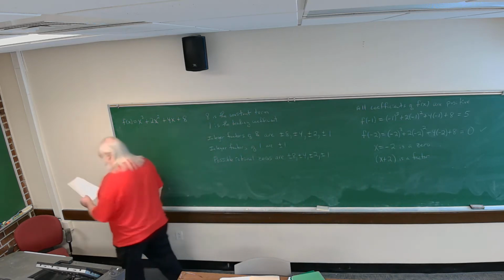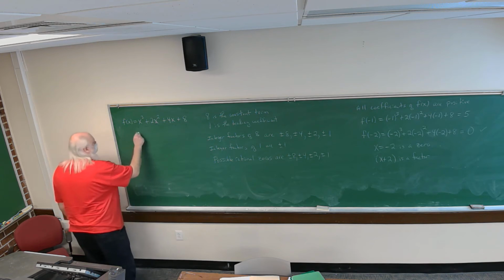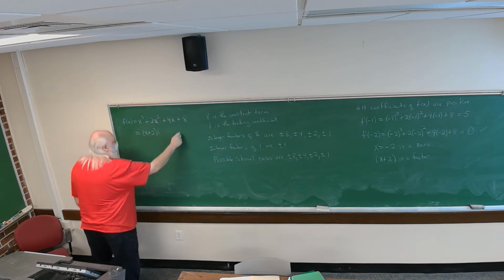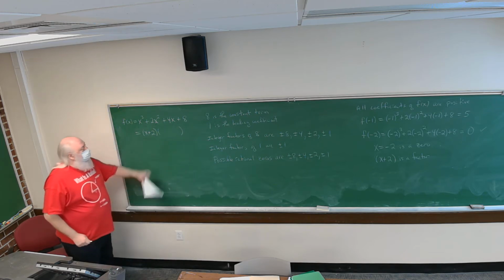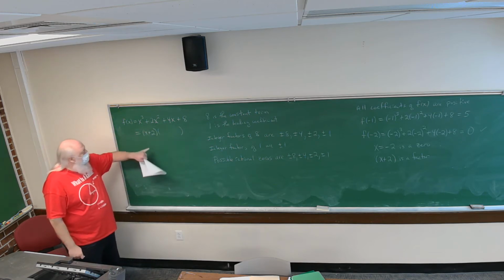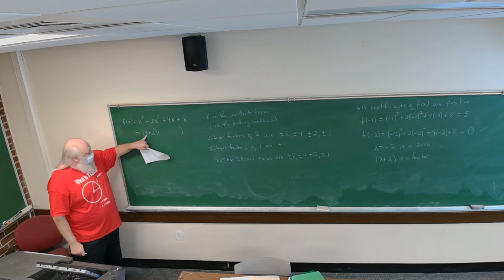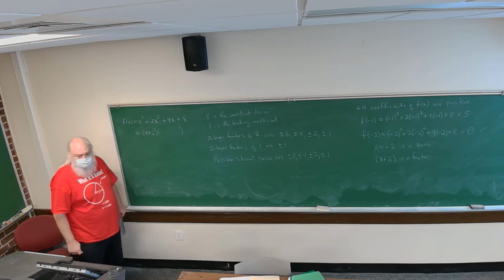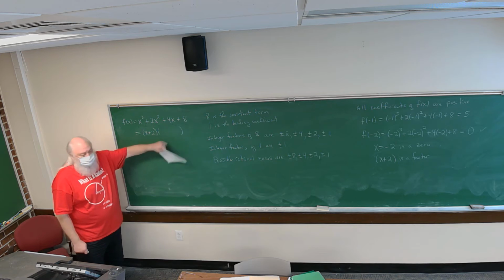So the polynomial function can be written as x plus 2 times some unknown quadratic, right? Degree 1 times degree 2 equals degree 3. So a quadratic goes in parentheses here.